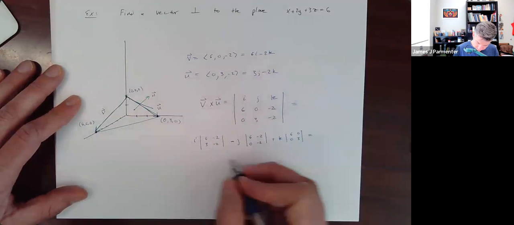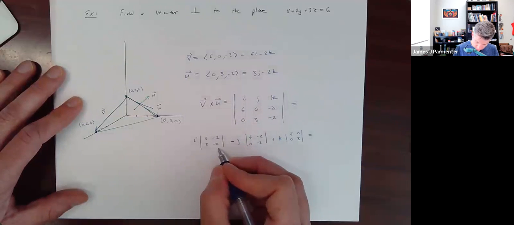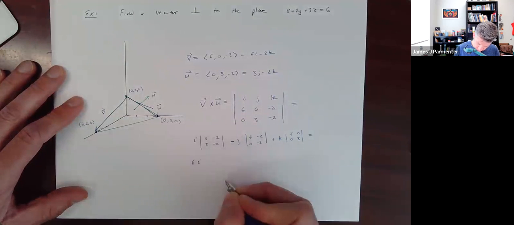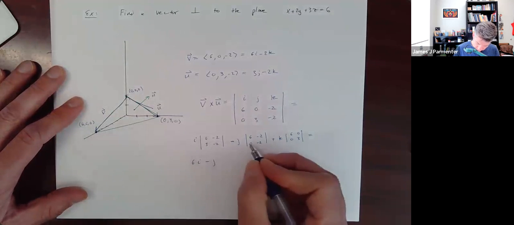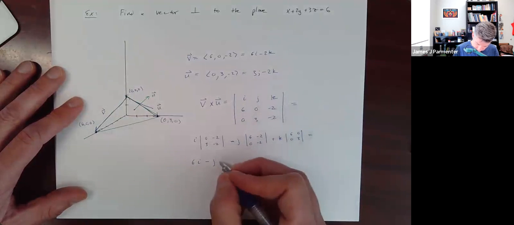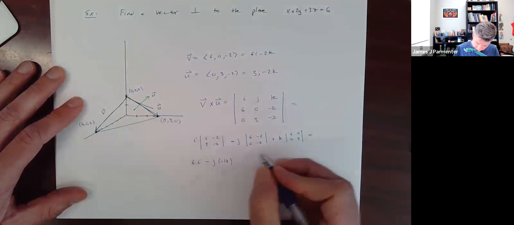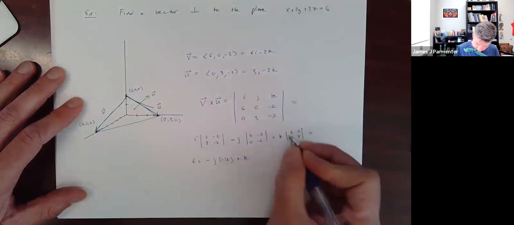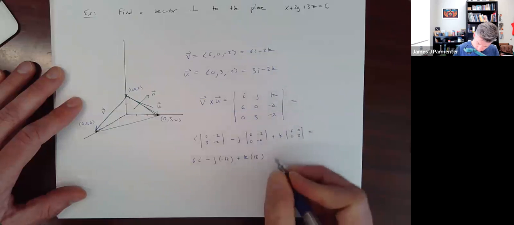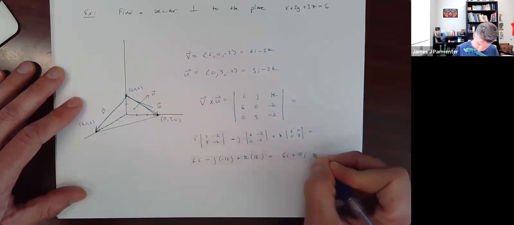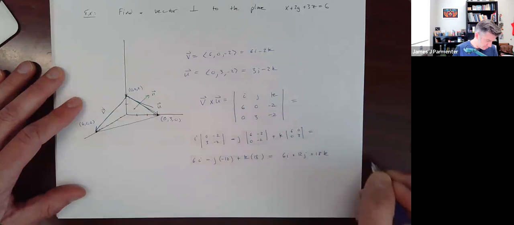And that's going to equal, let's see, 0 minus negative 6, so 6i, minus j times negative 12 minus 0. And then finally, plus k times 18 minus 0, which is equal to 6i plus 12j plus 18k.